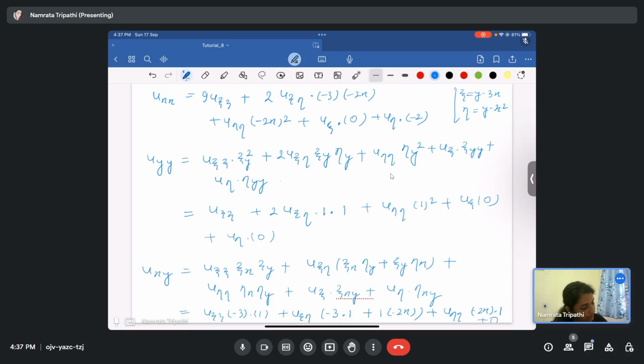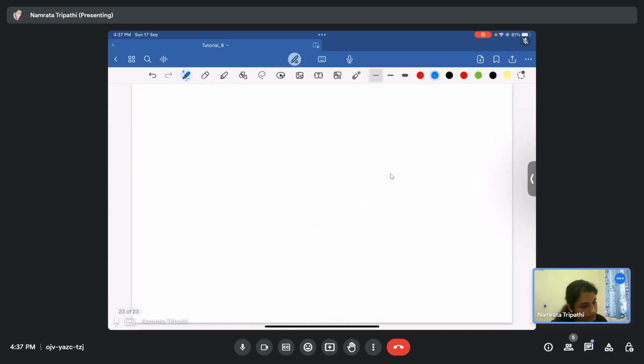You can check. So you have to substitute in the expression. The expression is uxx plus 2x plus 3 uxy plus 6x uyy is equal to 0. You can substitute.